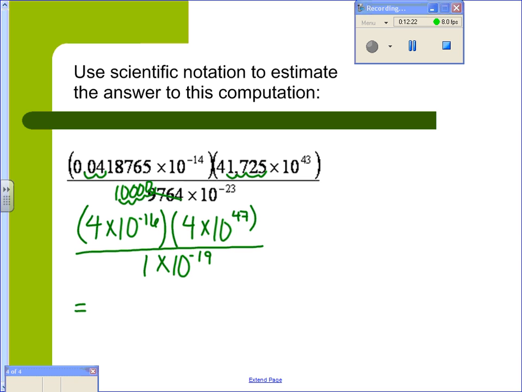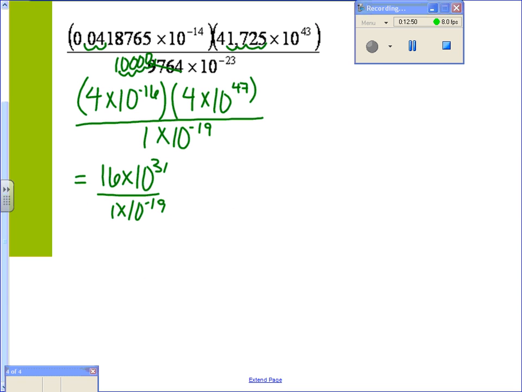Okay, so what would you get for your actual answer? 16 times 10 to the 47 minus 16 over 1 times 10 to the negative 19, right?